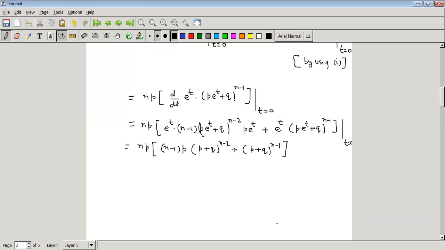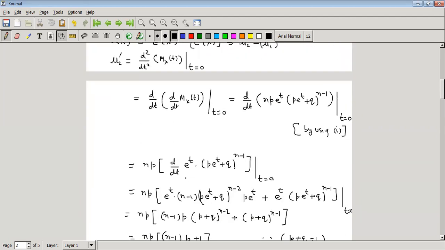So we know that p plus q equal to 1. So it is n into n minus 1 into p square, because p plus q is 1, and plus np, or even you can write this as np into (n minus 1) into p plus 1, because p plus q equal to 1.